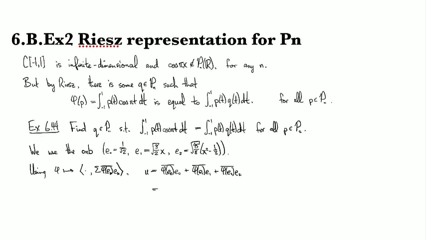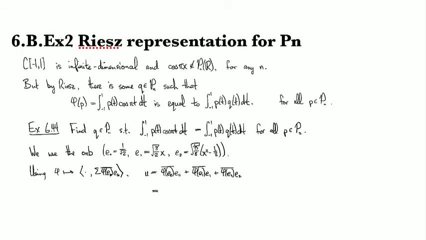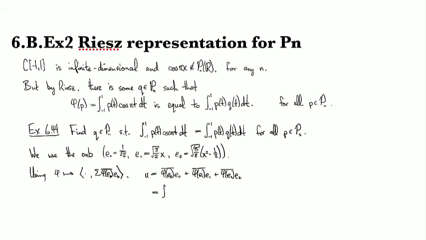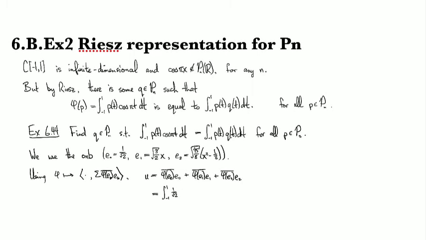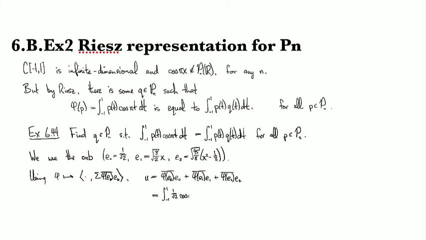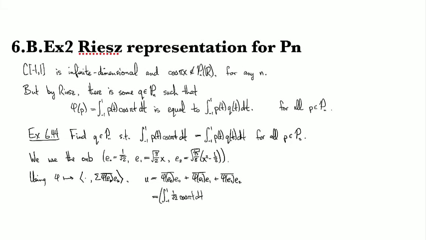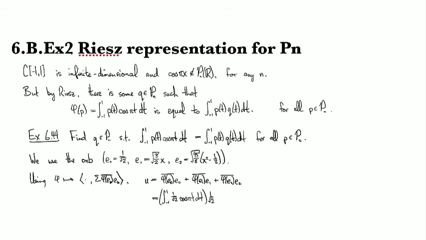So let's see. Plugging E0 into our phi functional, we have the integral from -1 to 1 of 1 over root 2, there's our E0, times cosine pi t dt, and then this is going to be multiplied by E0, which is 1 over root 2.